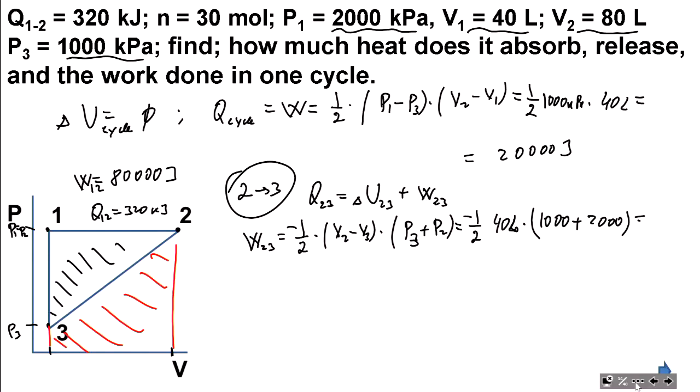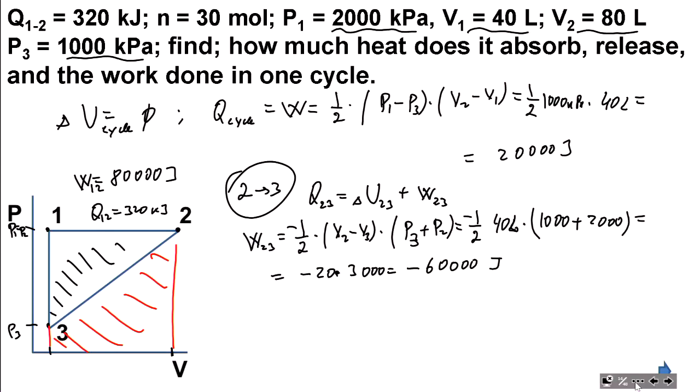So we know the work has to be negative. We said it several times. Now we have to finish our calculation. That's going to be -20 times 3,000 and then -6 and 4 zeros, joules.